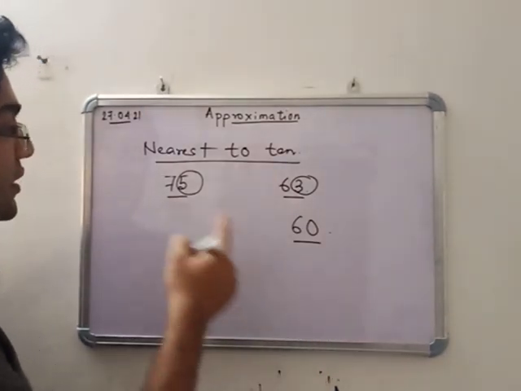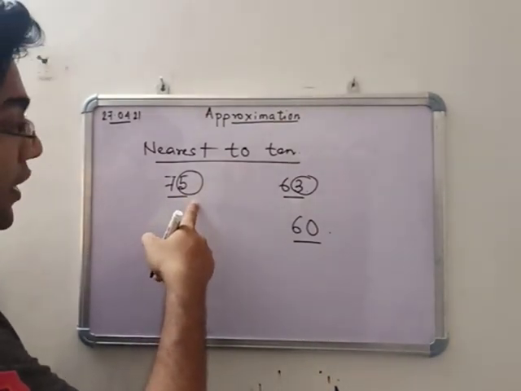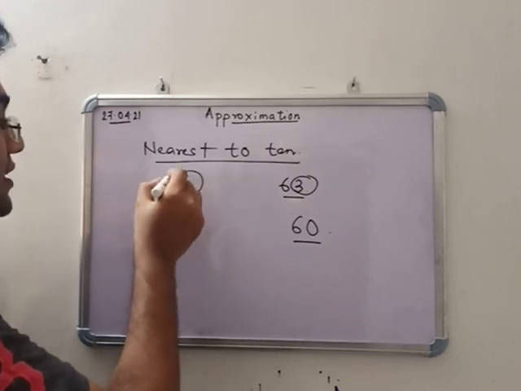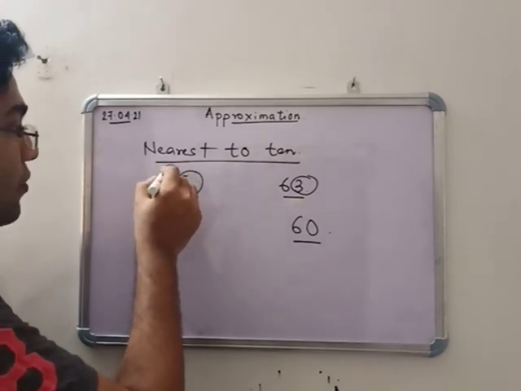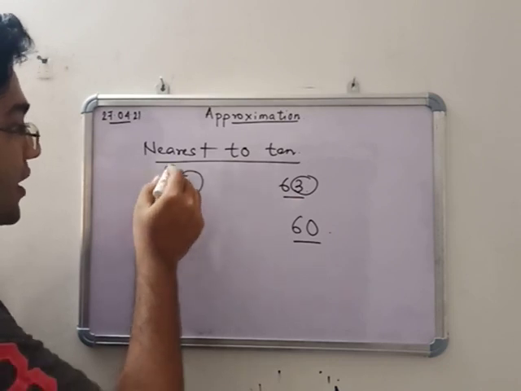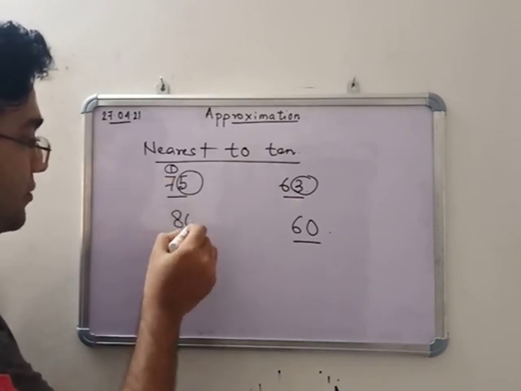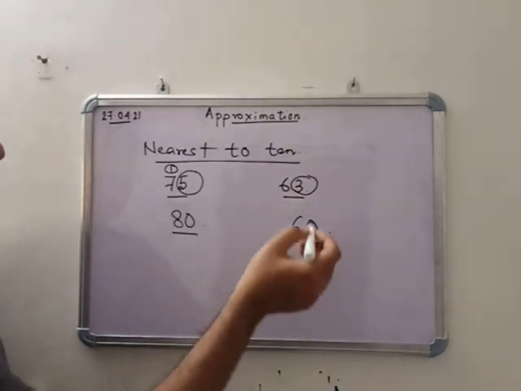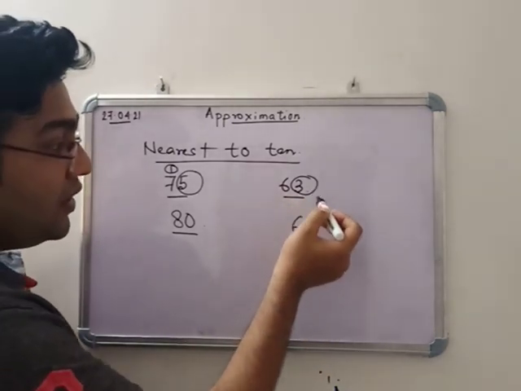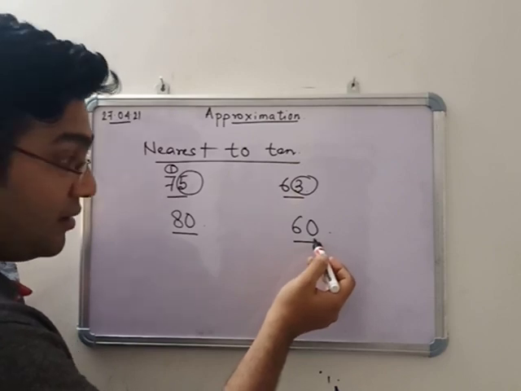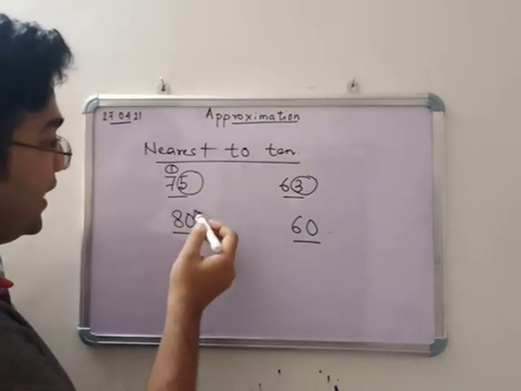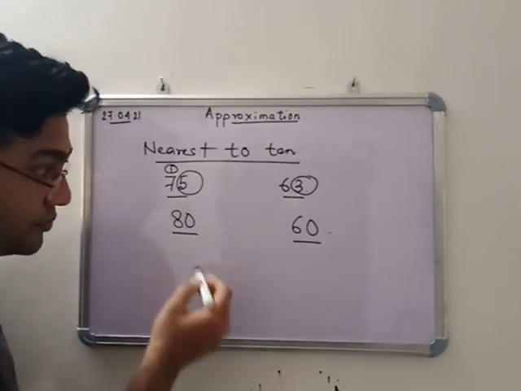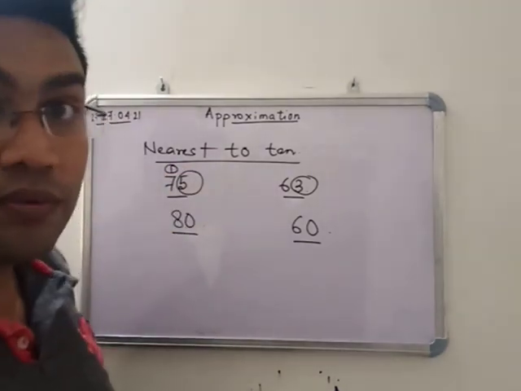And if the ones digit is 5 or greater than 5, then the tens digit is increased by 1. That means 7 plus 1, 8, so 80. So if less than 5, then only 0 will be there. If 5 or greater, then 1 will be added in the tens place. Pause the video to note it down.